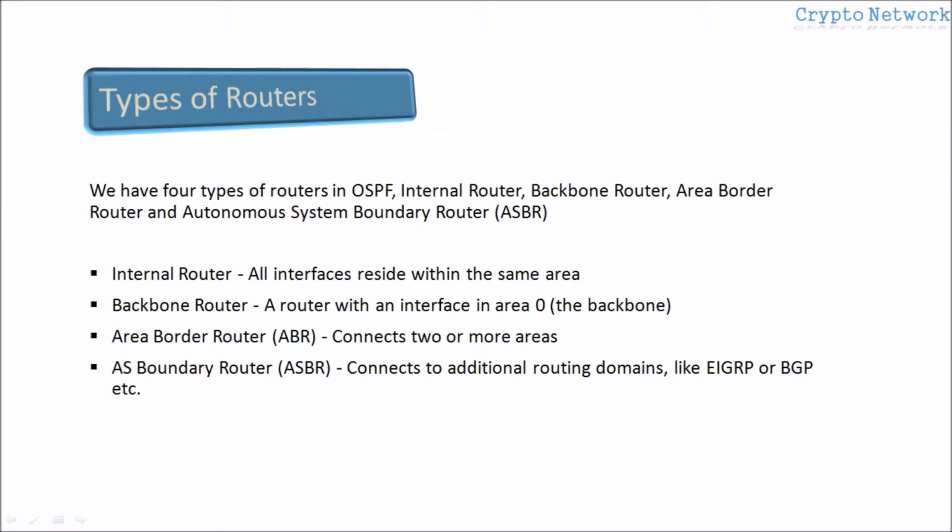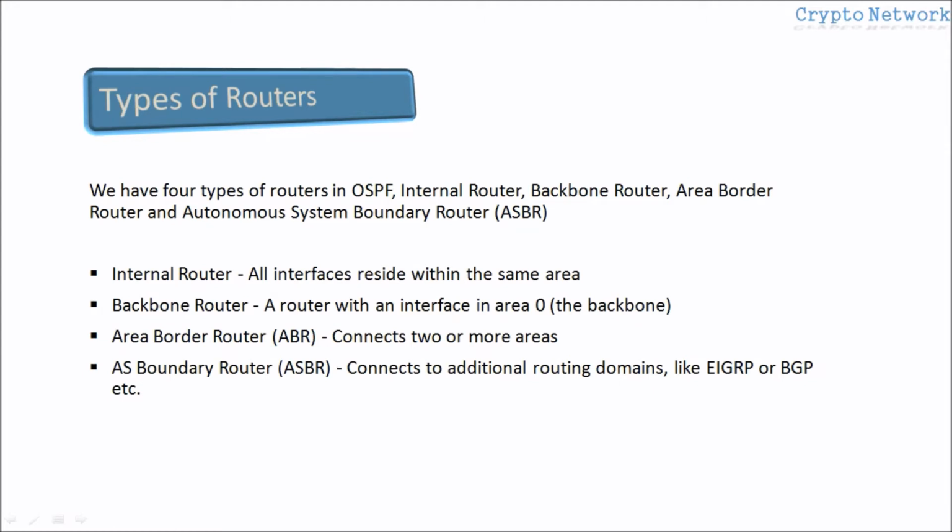Area border routers have interfaces in 2 or more areas, and ABRs contain a separate link state database, separating link state advertisement flooding between areas, optionally summarizing routes and optionally sourcing default routes.